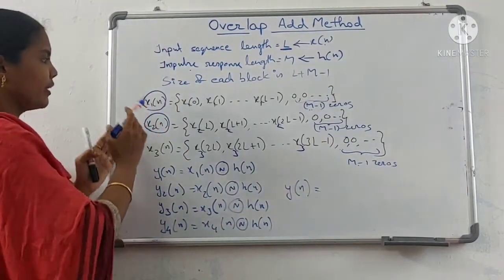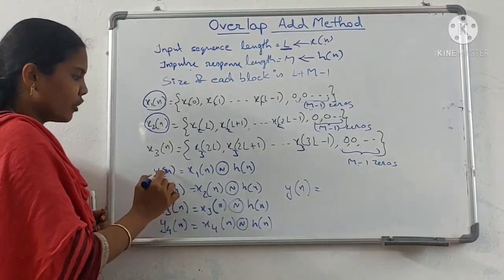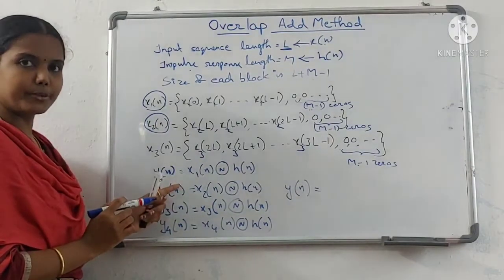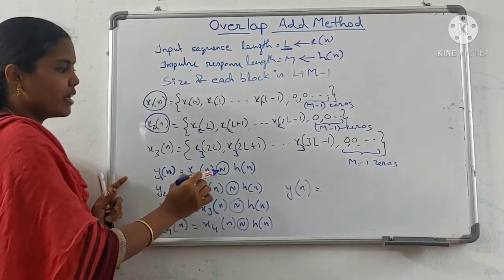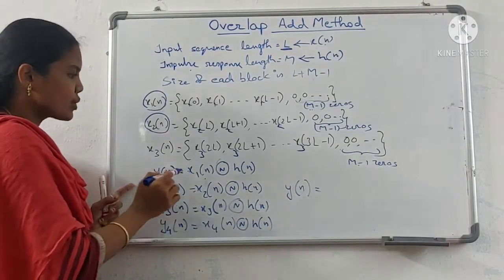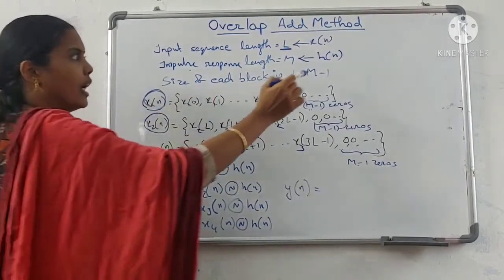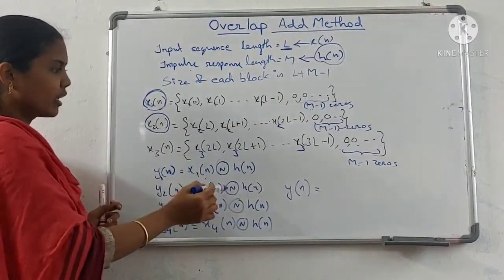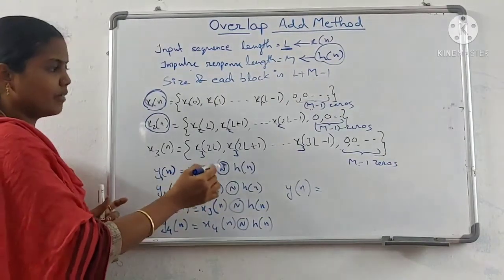After dividing the entire sequence into different blocks, find y1 of n, which is x1 of n circular convolution with h of n. You have to convolve the input block and the impulse response using circular convolution.